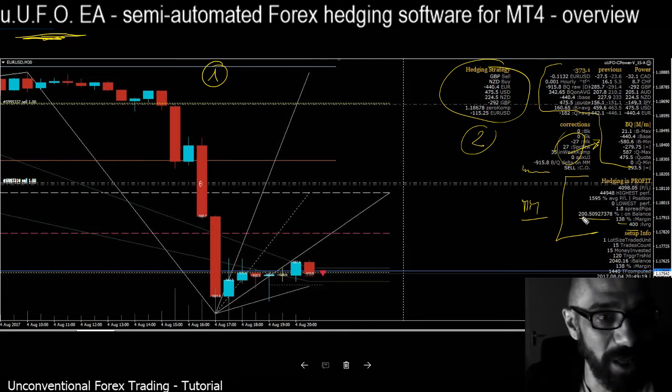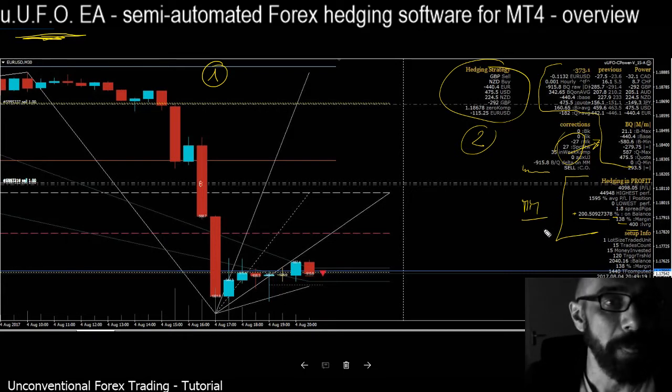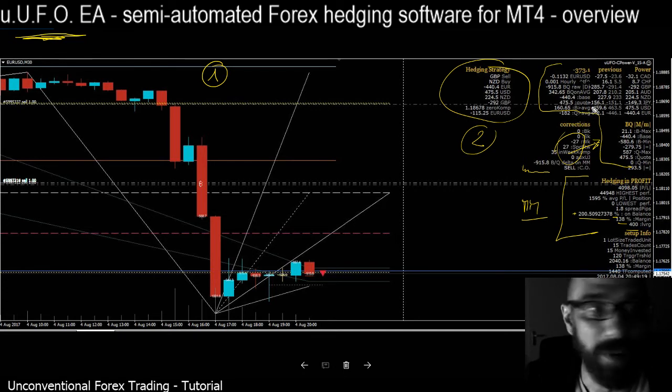Here it is actually plus 200%, as you can see in this evaluation of the trading I am running. So we have a graphical element, and then two main in-depth panels with values.